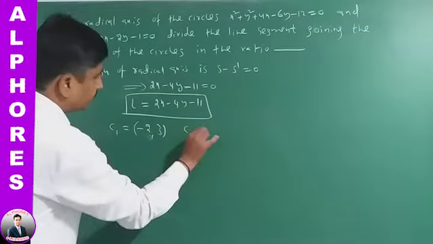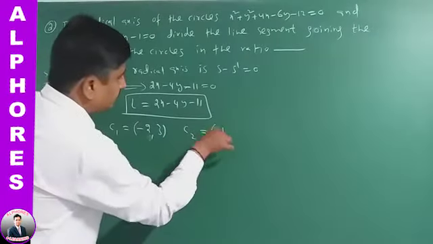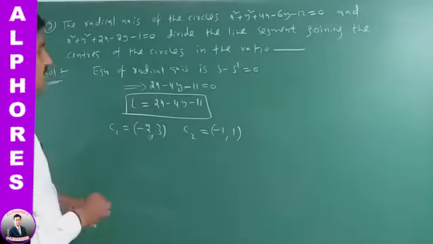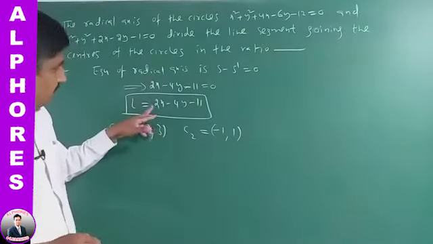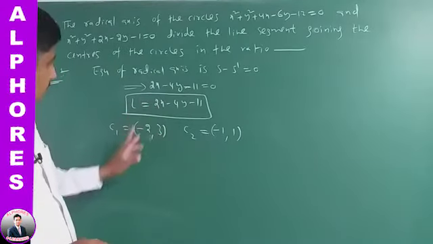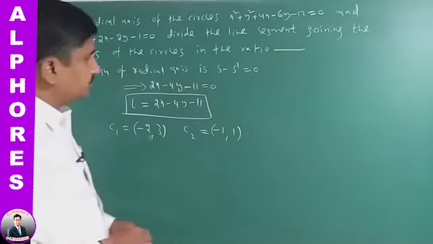C2, the center of the second circle, is (minus 1, 1). Now the line L divides the segment joining C1, C2 in the ratio.